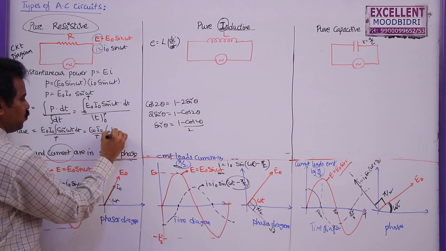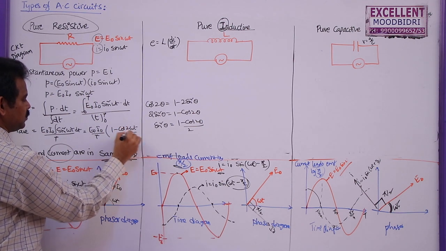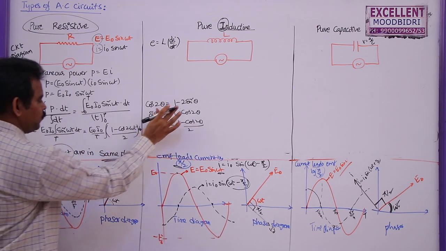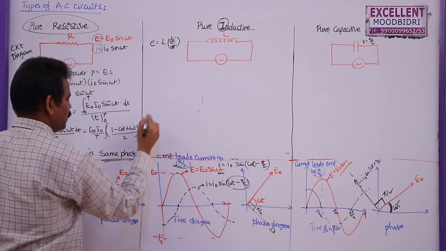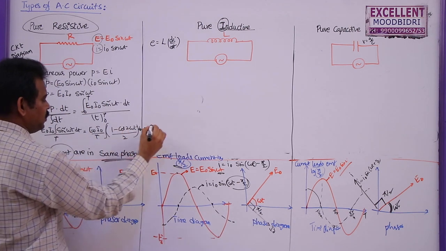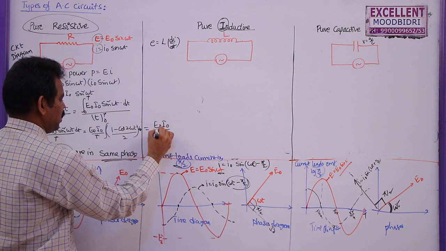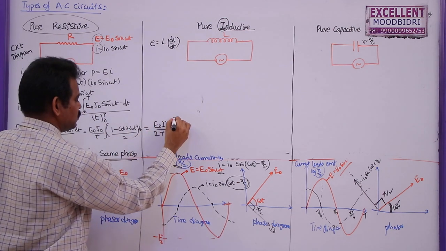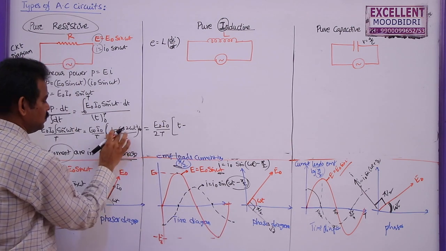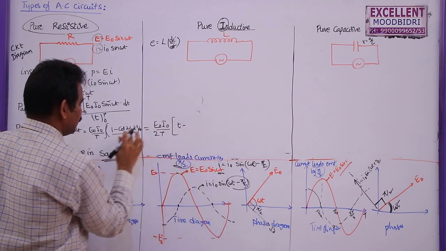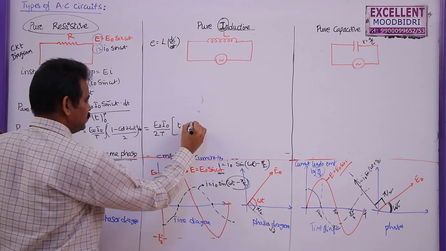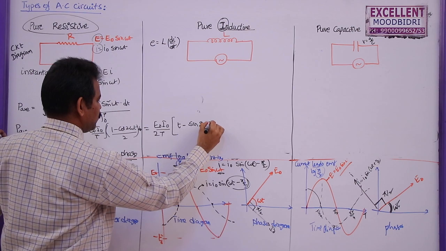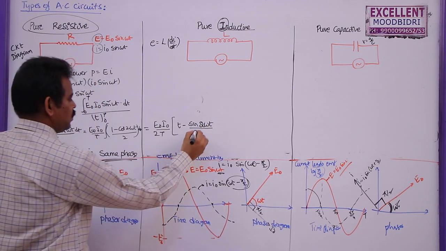So this is the integral of 1 minus cos 2 omega t by 2 dt. This 2 also can come outside. The integral of 1 is T, minus the integral of cos 2 omega t, and the derivative of cos is sine, so this is minus sin 2 omega t by 2 omega.